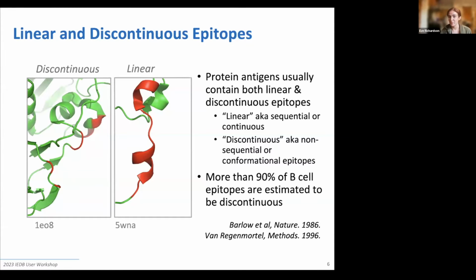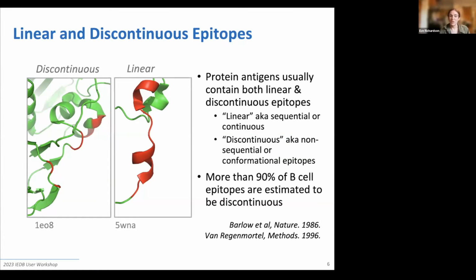There are also linear epitopes or sequential epitopes, and so usually protein antigens will contain a mixture where you will get subsections of the epitope that are contiguous in sequence, but very often you'll get these disjointed epitope residues, which are variously known as sequential or non-sequential, or conformational. And indeed, the majority of B-cell epitopes are estimated to be discontinuous.